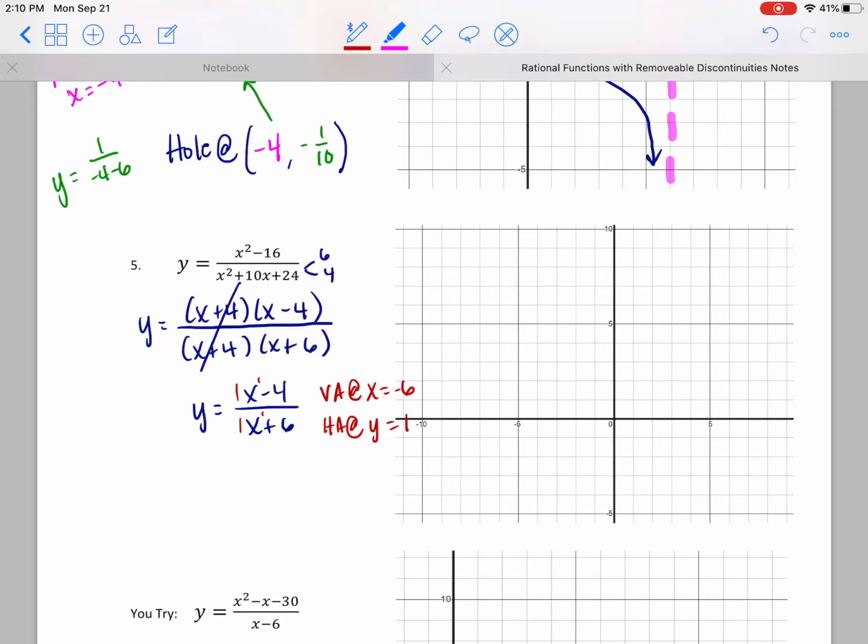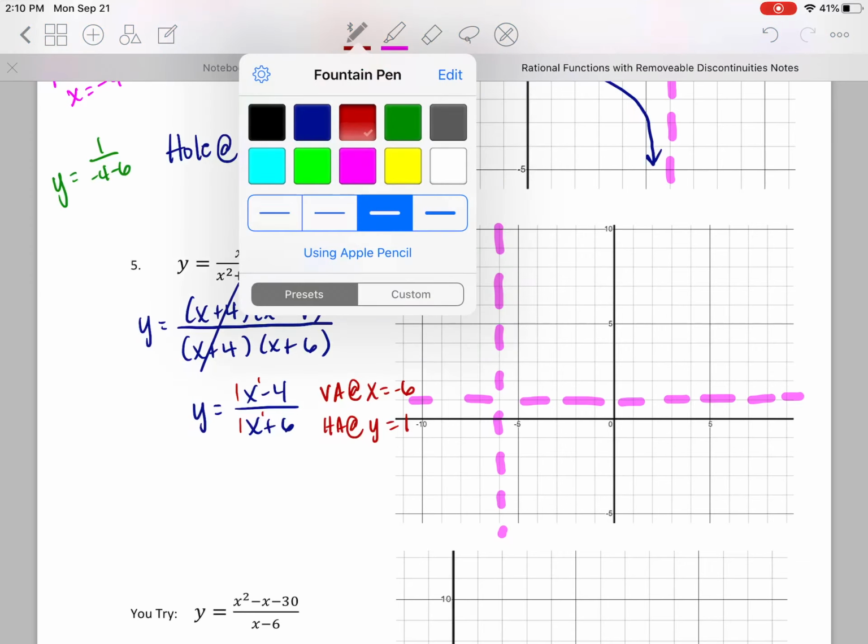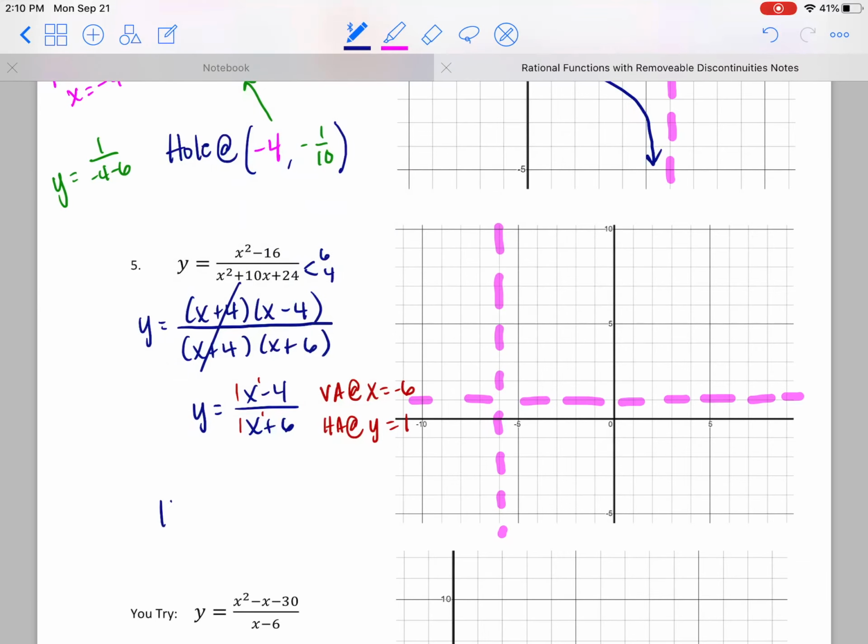So y equals 1 is going to be there, and x equals -6 is going to be there. And because, again, this isn't a transformation of my parent function, I don't know exactly where the branches are going to be. So I'm going to use Desmos to figure that out. But let me go ahead and calculate the coordinates for the hole real quick.